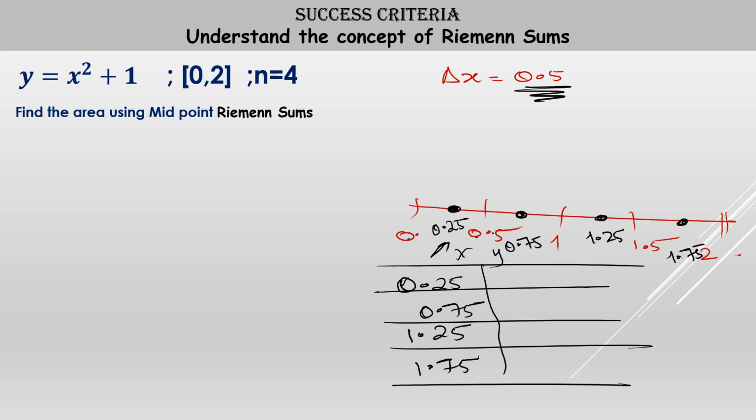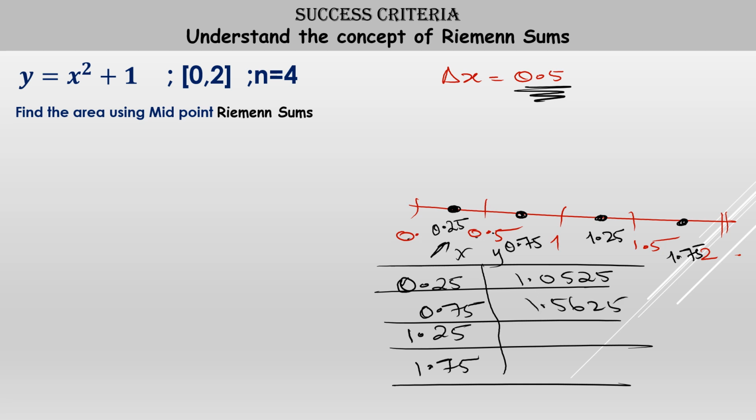When we write 0.25, our answer is 1.0525. When we write 0.75, our answer is 1.5625.